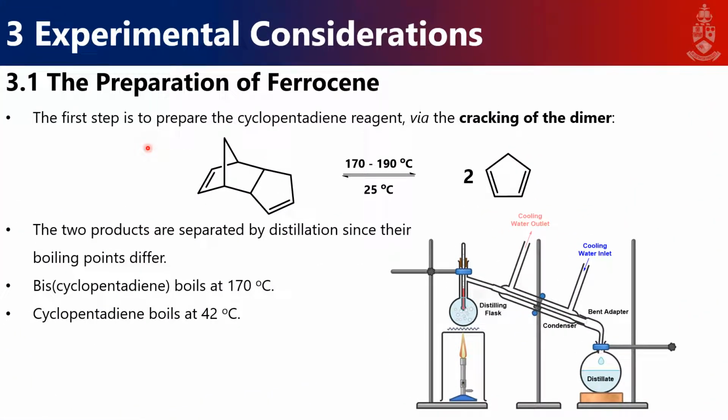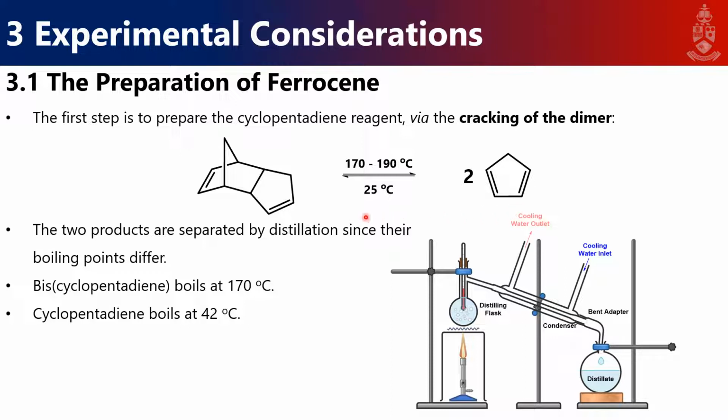Okay, so the first step in your synthesis of ferrocene is to isolate your ligand, your Cp, cyclopentadiene.